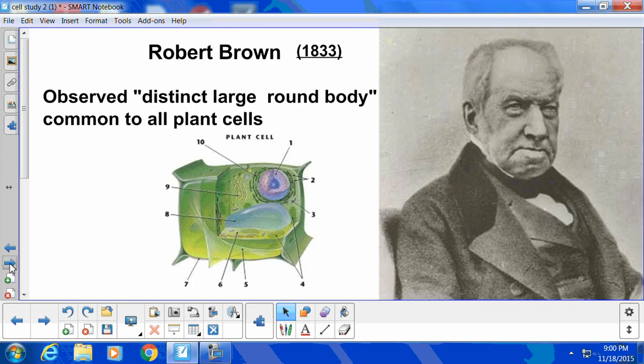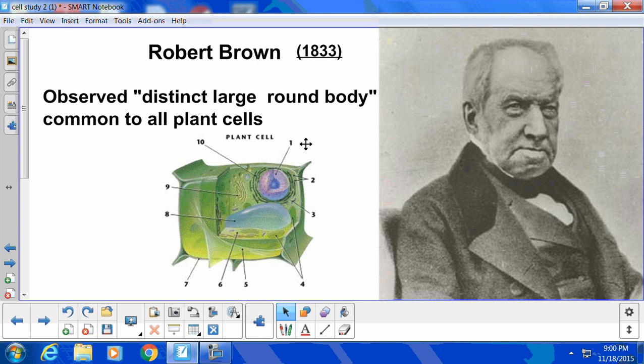And we also now move 200 years into 1833. And here's a scientist named Robert Brown, and he discovers this structure right here, this number 1 here. And he says, every plant cell I look at has this structure, this large round body. And microscopes are improving, so he's able to see inside them. And as you might guess, that's the nucleus.